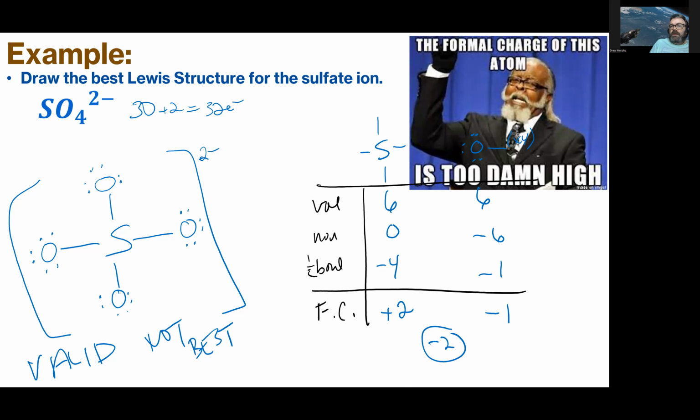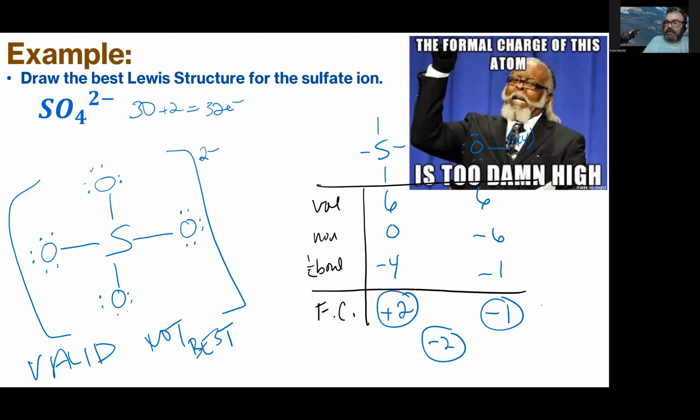So what we're going to be able to do though is, because now is sulfur in period 3 or higher? Yes. So we can make sulfur take more electrons away from the oxygen to lower the formal charge. When we're fixing this and we want to get the formal charge to go down, this is a positive and this is a negative.